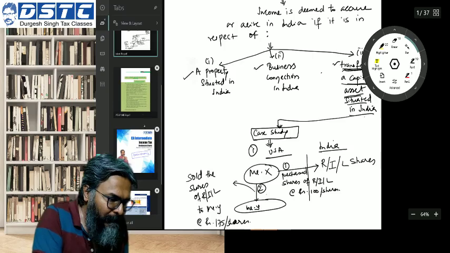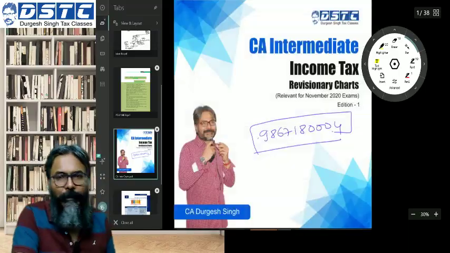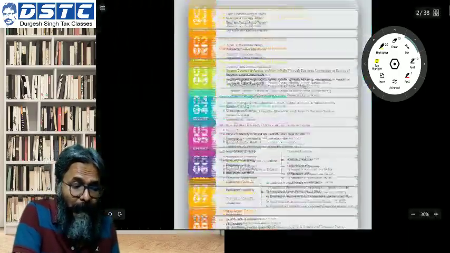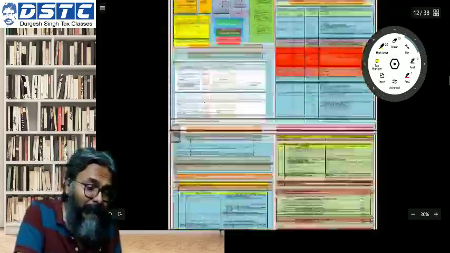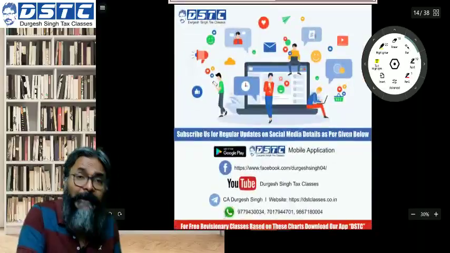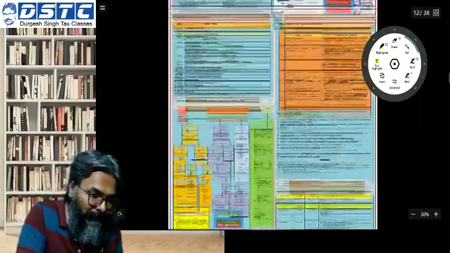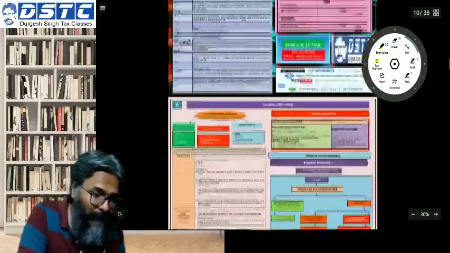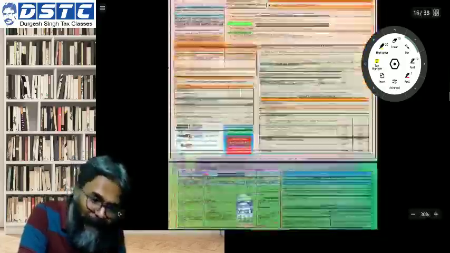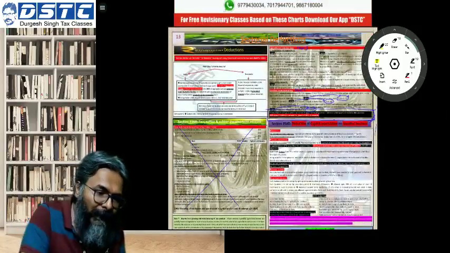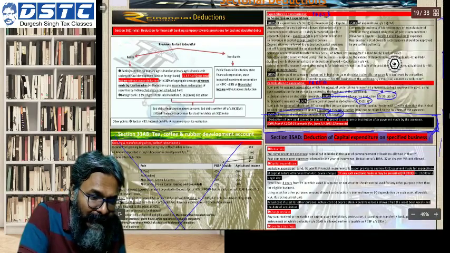Now, students, pay attention. I have told you one important point about the section number. For other sections, you need not remember the section number, but only for this particular section, you will have to remember it. Please don't forget this. I've seen your past year IPCC papers, in which they have asked directly for the section numbers.